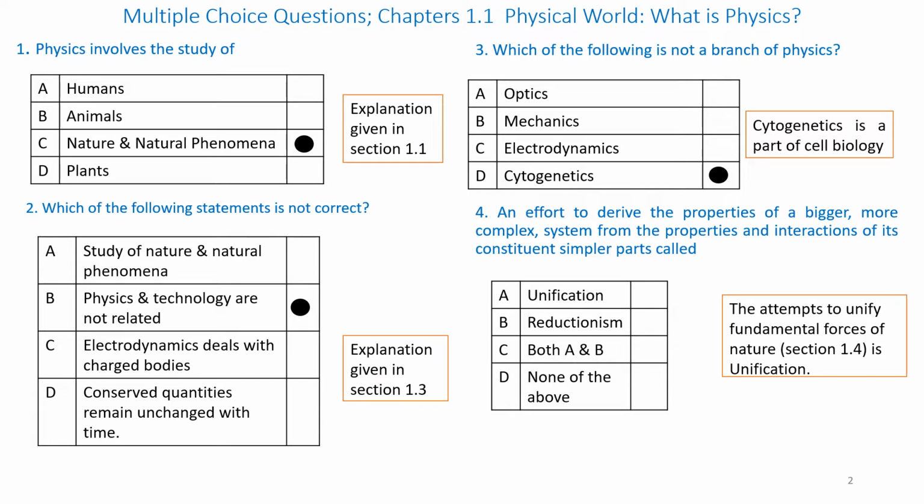That is section 1.4. So here the question asked is an effort to derive properties of bigger or more complex system from the properties and interaction of its constituent simpler parts is called reductionism. So reductionism is the correct answer. So you mark the circle B.